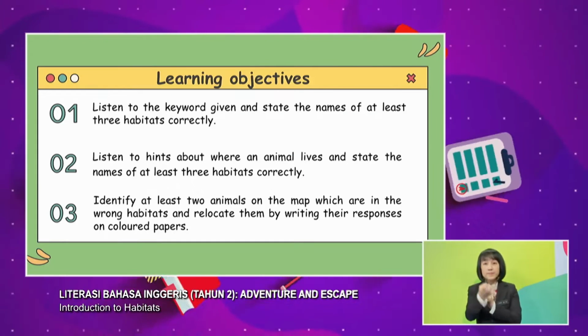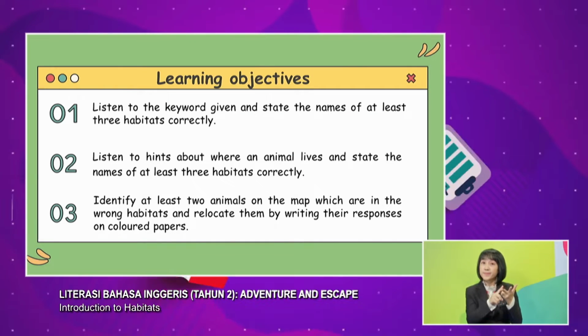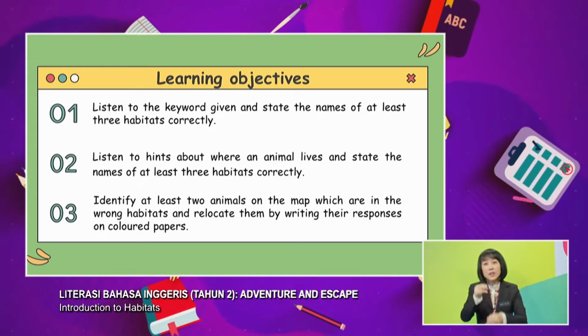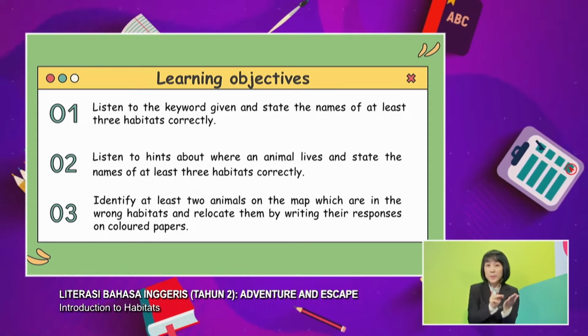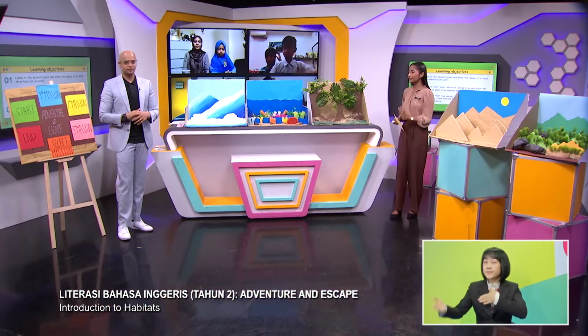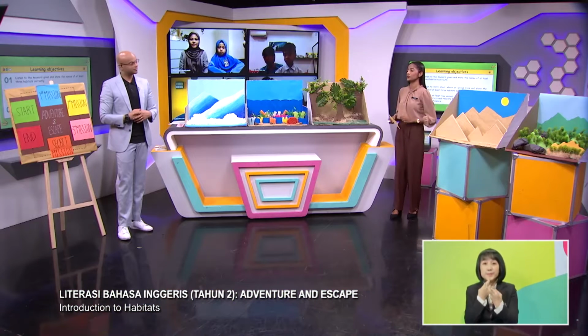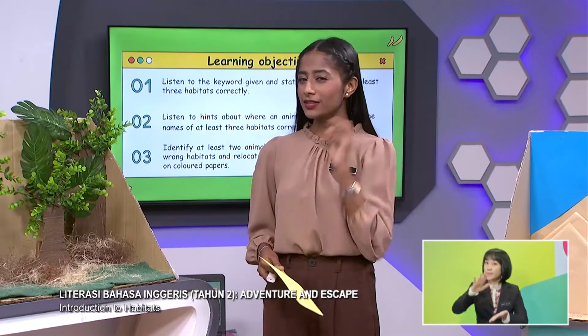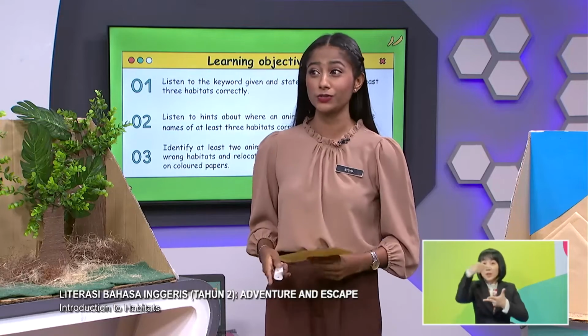The third mission, you will identify at least 2 animals on a map which are in the wrong habitats, and relocate them by writing your responses on colored papers. These are the 3 things we are going to do today.